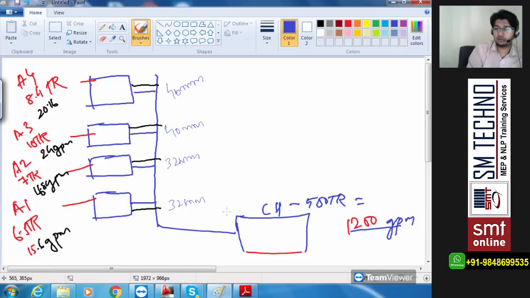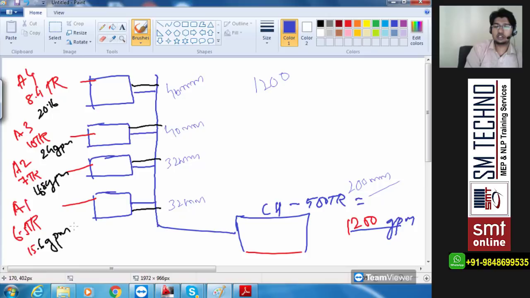And for the chiller riser, 1200 GPM, the pipe size is going to be 200 mm. Now I'm going to subtract everything from 1200 GPM. Keep your calculators ready.